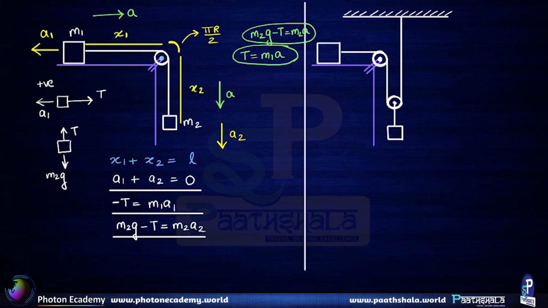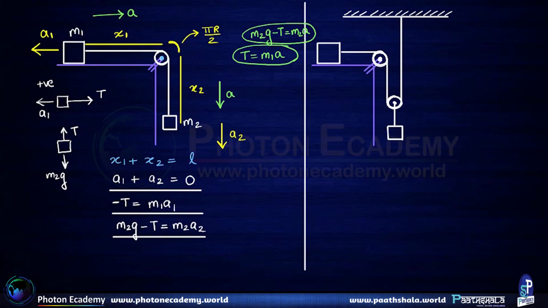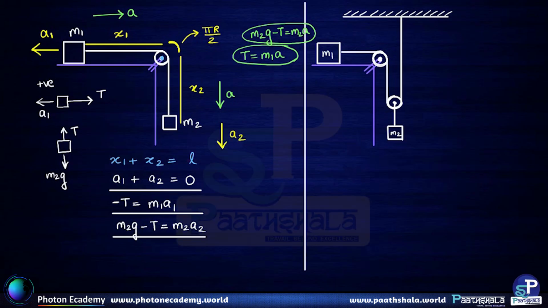So in the second diagram, this is the mass m1 that is kept on a smooth horizontal surface, and this is the mass m2. So here also both the pulleys are massless. One important fact to be realized over here is the tension in this string.